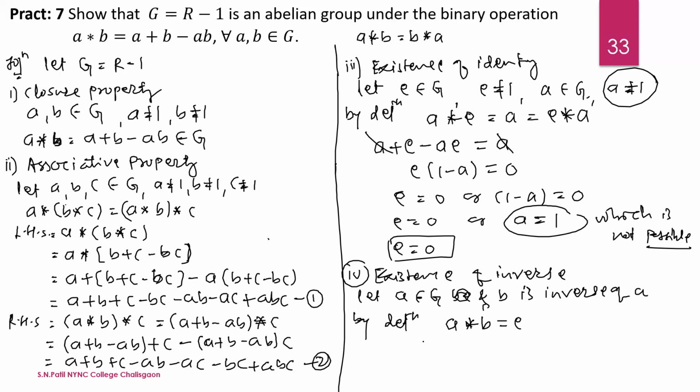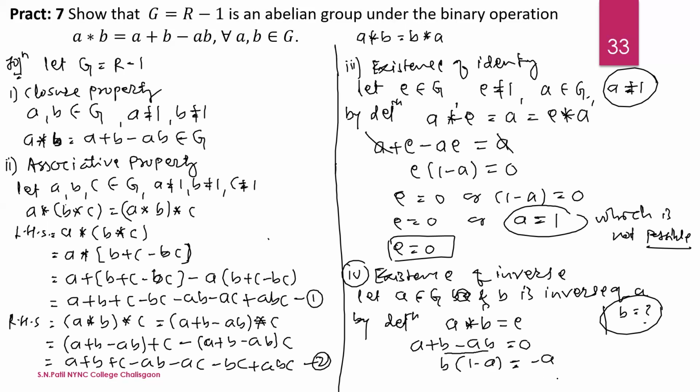So a star b means their addition, a plus b minus ab, and the identity is 0. Now it can be written so that in the second and third terms b is common, and we put a on the right hand side. Since we want to find b, we put the a term on the right hand side. In the second and third terms b is common, that is b times (1 minus a) is equal to minus a.